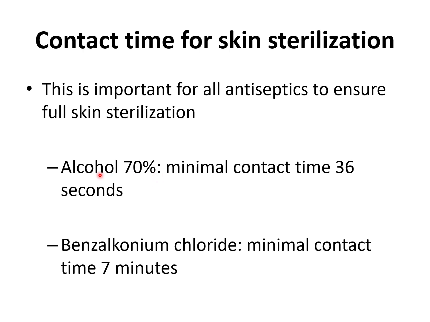So apparently there is a balance between alcohol and water that is ideal for disrupting the cell membranes of the microorganisms that are being affected, such that even if you have a higher concentration of alcohol, it will not work as well. It's not optimal. Benzalkonium chloride, another antiseptic, minimal contact time is 7 minutes. So it's not a good thing for rapid procedures, for when you're in a hurry.